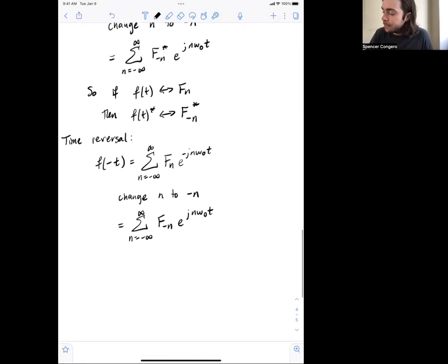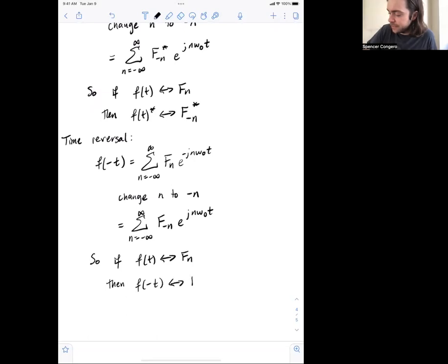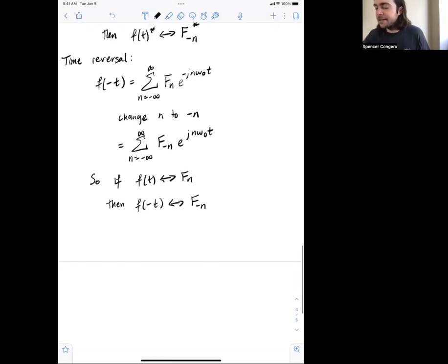So that's what we have. And now, just like before, those are Fourier series coefficients, f sub negative n. So if f of t has Fourier series coefficients f sub n, then f of negative t has Fourier series coefficients f sub negative n. Okay, so that's kind of nice.